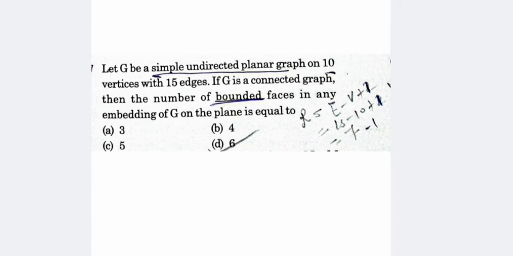Option A 3, option B 4, option C 5 and option D 6. Now for the bounded faces, the formula is going to change, which means here R is equal to E minus V plus 1, not 2, because here the faces are bounded. Putting in the values of vertices and edges, we get option D, which means 6. So 6 is the correct answer.